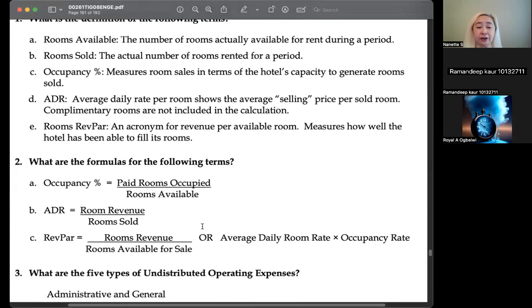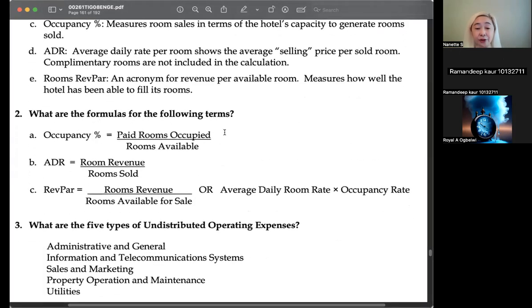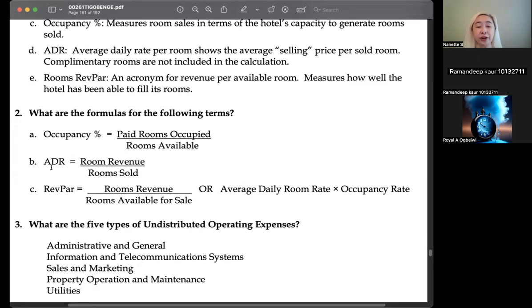So here are some of the formulas for computation of occupancy percentage. So paid rooms occupied, how much did they pay, and versus rooms availability. So for ADR, average daily rate, you just divide rooms revenue by rooms sold.